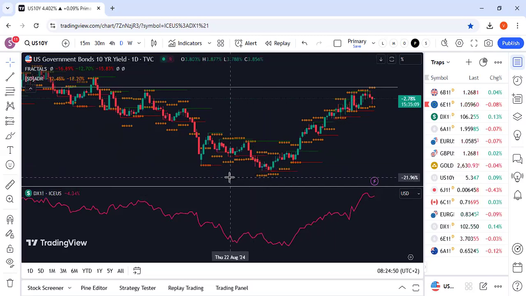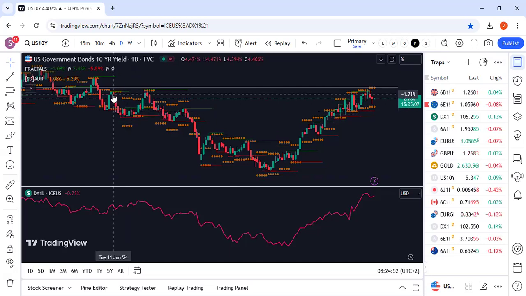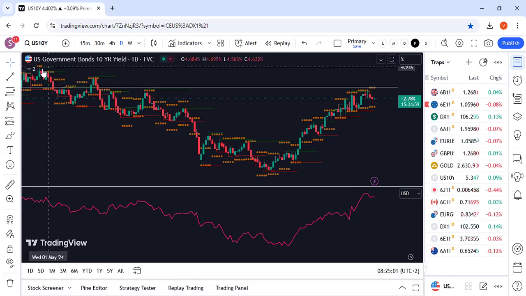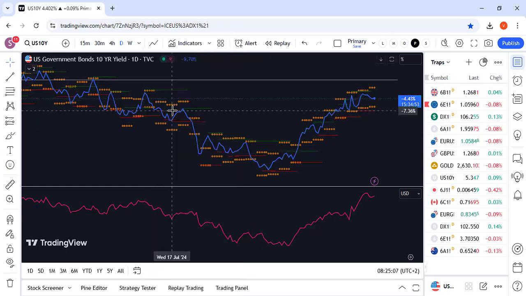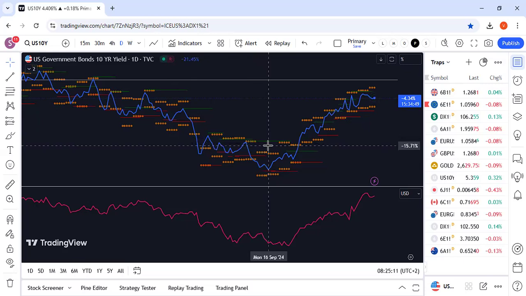All right. So to make this for ease of comparison, I'm going to change this to a line chart as well. Now, what do you realize? You will see that price first started pushing up.